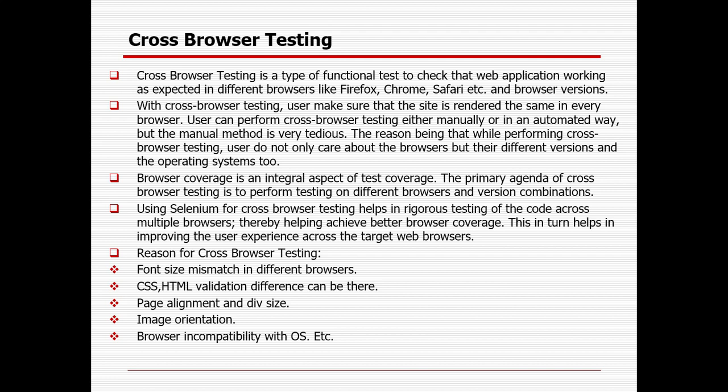The primary agenda of cross-browser testing is to perform testing on different browser and version combinations. Using Selenium for cross-browser testing helps in rigorous testing of the code across multiple browsers, thereby helping achieve better browser coverage. This in turn helps in improving the user experience across the target web browsers.